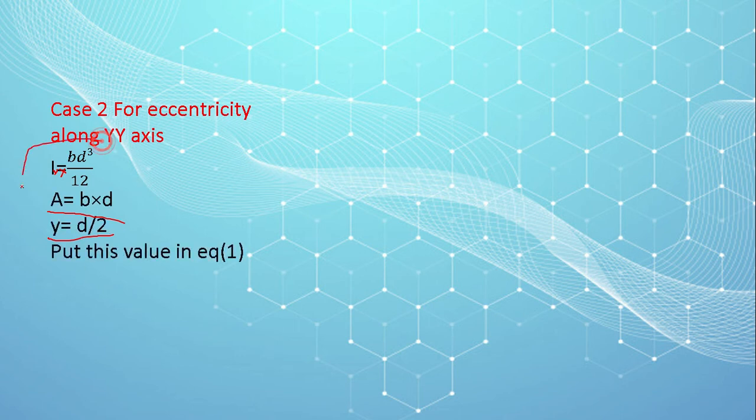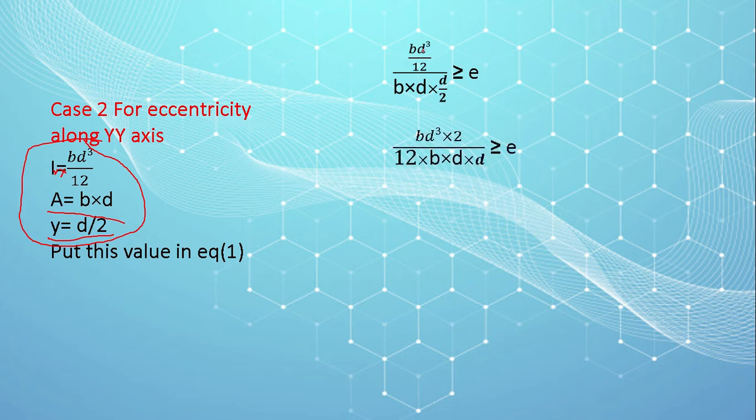So put all these values in equation number one. So equation number one becomes B D cube divided by 12, B multiplied by D multiplied by D by 2, should be greater than or equal to e. After simplifying this, we get D by 6 should be greater than or equal to e.